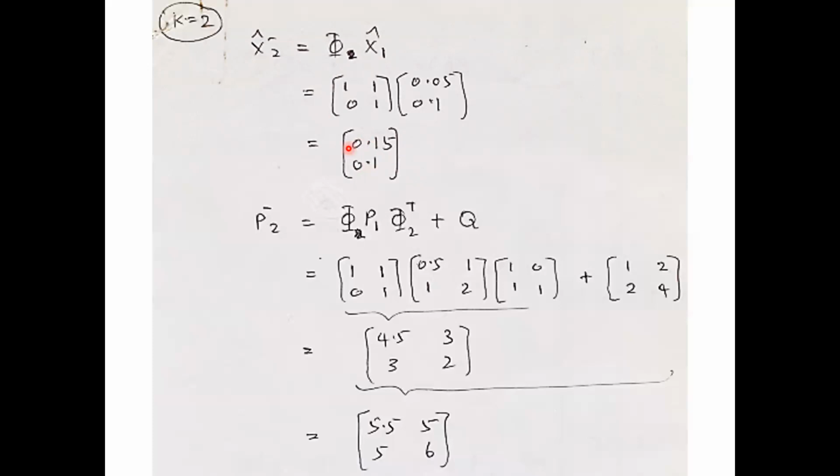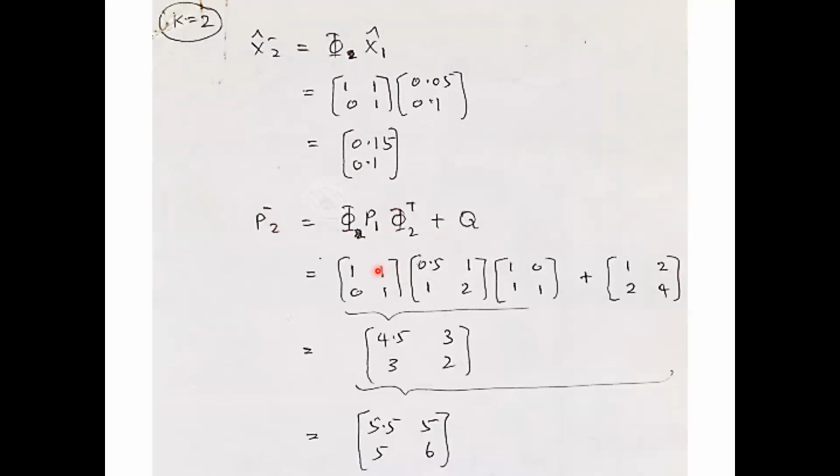And the sensor is telling something else for position. And there's no sensor for velocity. So therefore, we have only the Kalman filter estimate for velocity. Then we have the error covariance prediction, P2 minus.